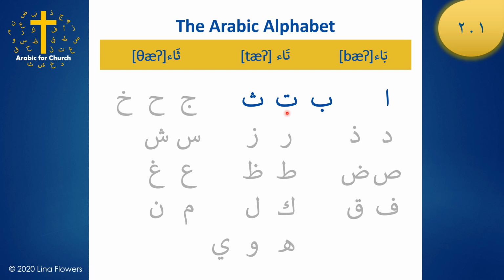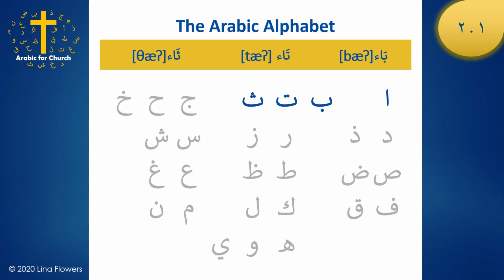And with ta, we looked at a special kind of ta called the tied ta, used for feminine nouns and adjectives, and it looks like a teardrop, again with the signature 2 dots on top.